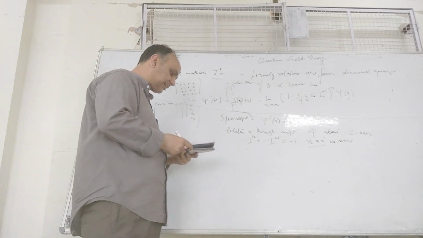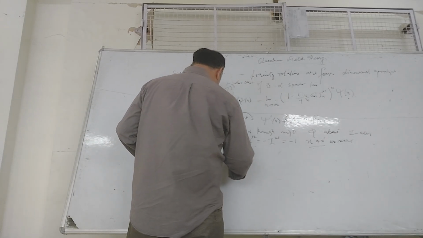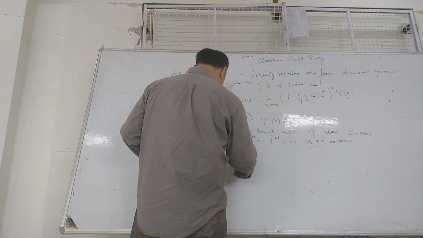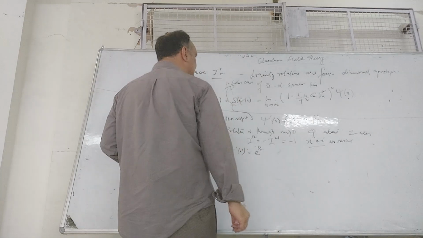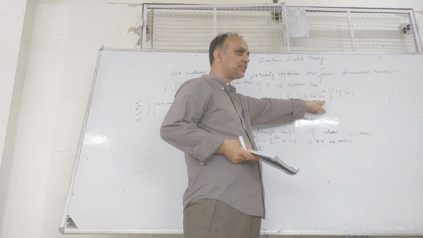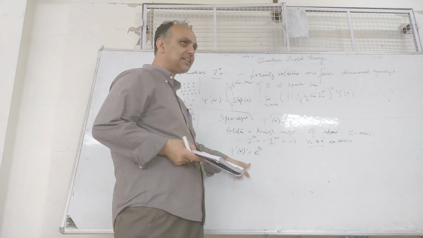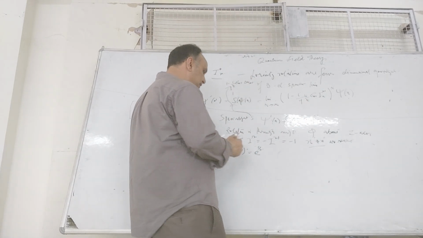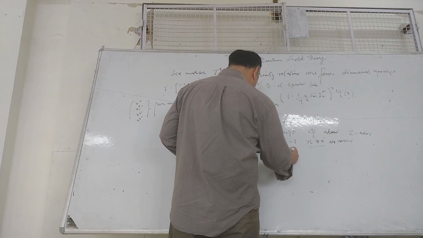So in that sense you can say psi of x prime is related by an exponential function of this, phi times sigma 1 2 psi.